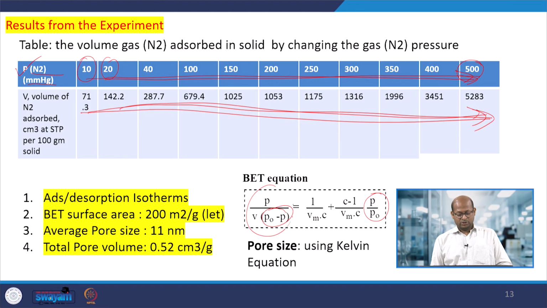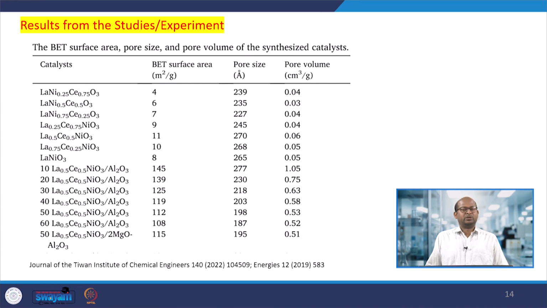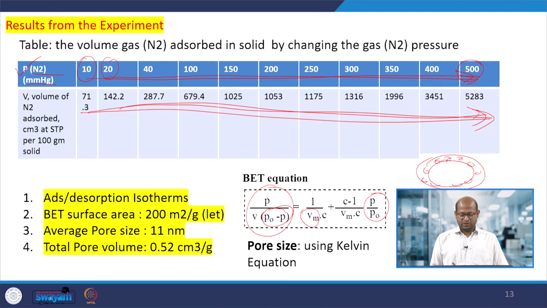Okay. So using these equations, Vm is the monolayer coverage. It means when a surface is there, how many molecules are needed to completely cover it, and that is called monolayer coverage. So that we can find out using these equations. Vm is the monolayer volume, the amount of nitrogen gas required to cover that surface.